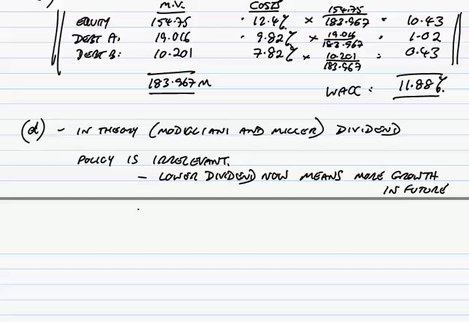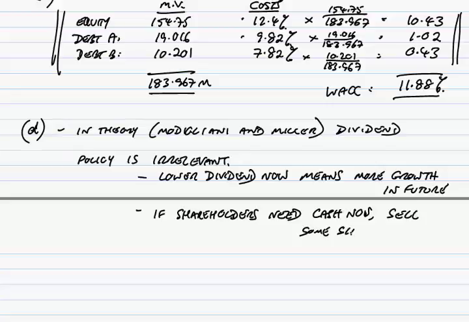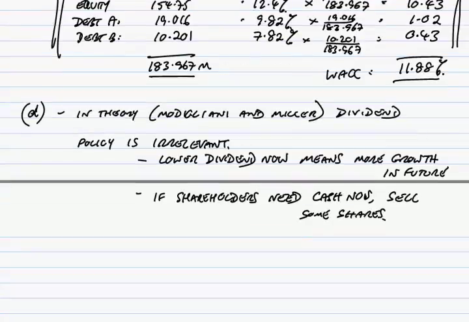And because of that growth, Modigliani and Miller say, if shareholders need the cash now, well, if they're getting a lower dividend, how can they get the cash? They can sell some shares. So that's what Modigliani and Miller say.